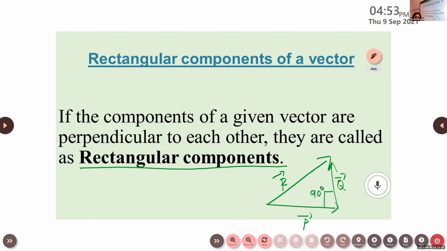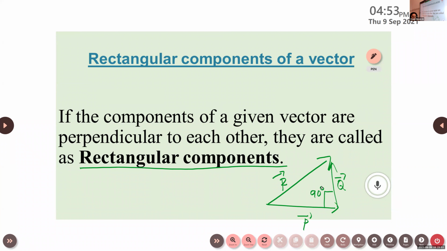After splitting a single vector, we get two or more small vectors, which are known as components of a vector. And if the components of a vector lie perpendicular to each other, that is, the angle between the component vectors is equal to 90 degrees, then we call them rectangular components.